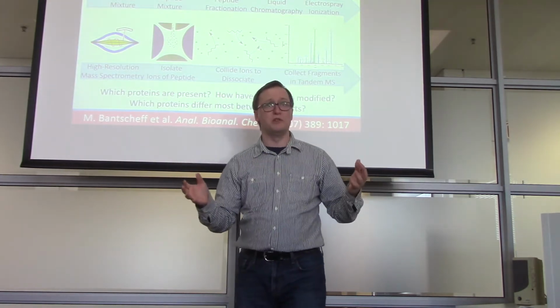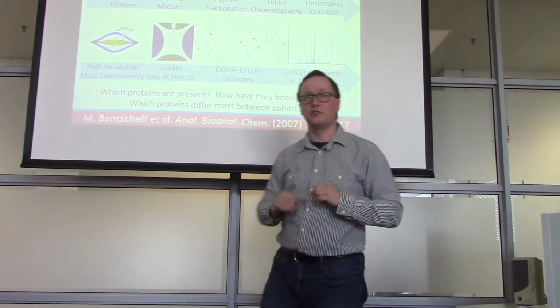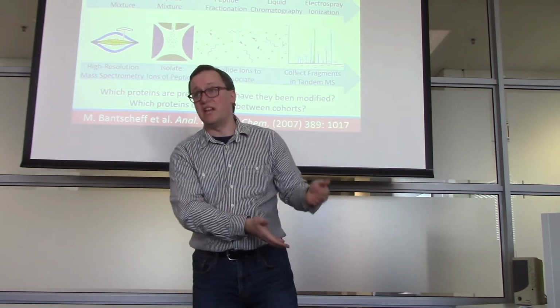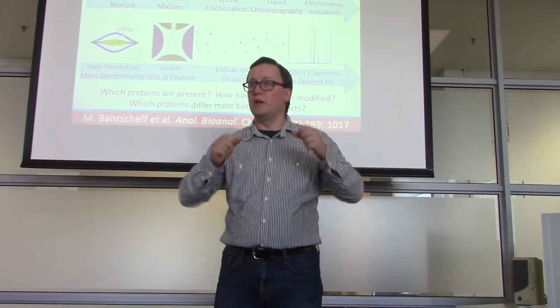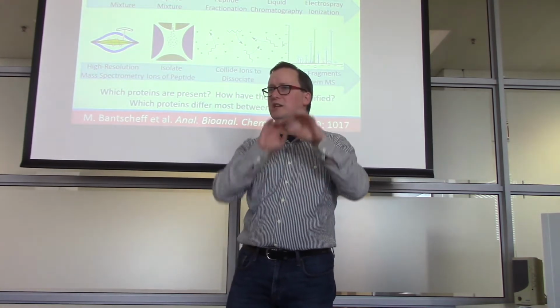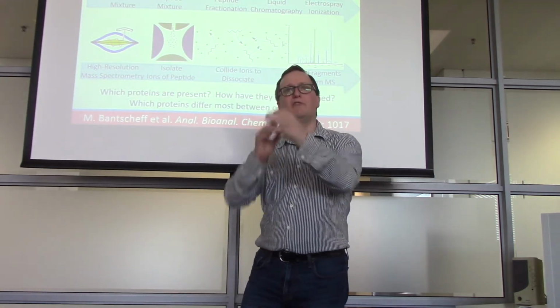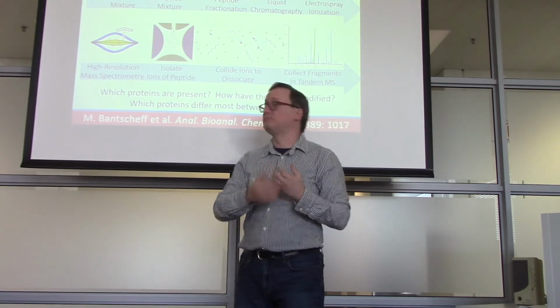There are lots of ways you can do this. But that fractionation turns one sample into many. So if you were doing a very deep dive into tissue, you might produce 24 Eppendorf tubes that all contain some fraction of the peptides from that complex mixture.